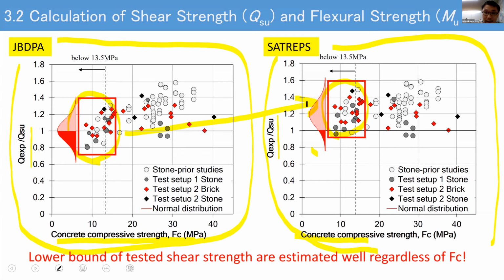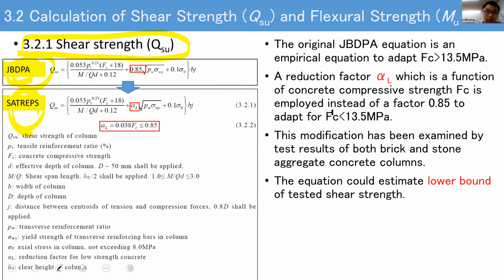As you can see in this distribution, lower bound of tested shear strengths is estimated very well, regardless of concrete strength. This is the reason that we employ these equations in this project.